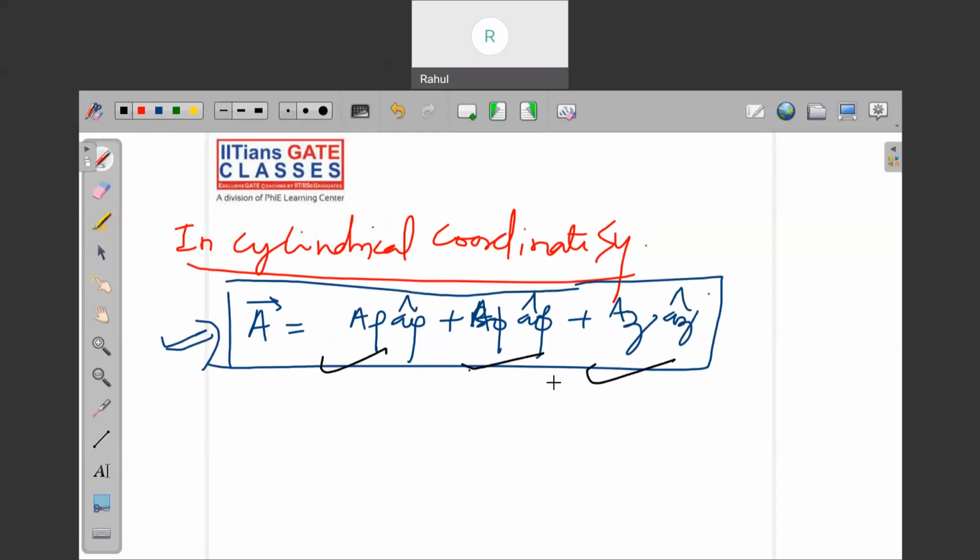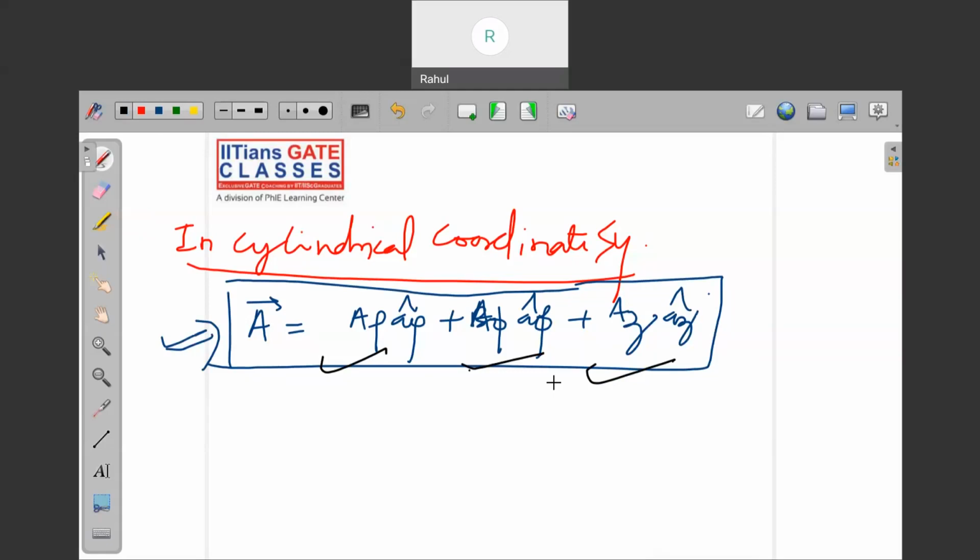In the examination, they will ask you for the conversion from the cylindrical coordinate system to the rectangular or Cartesian coordinate system. Suppose the components in the Cartesian coordinate system are given, and they might ask you to determine the cylindrical components.